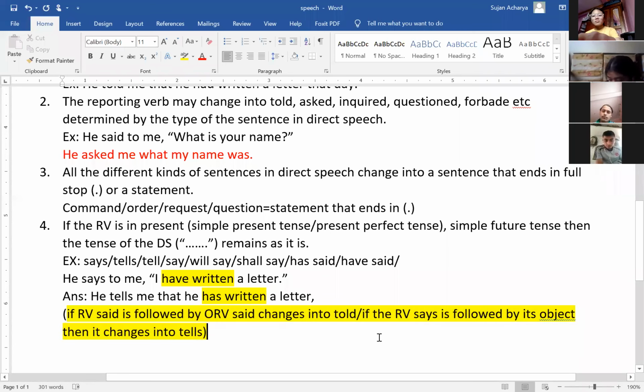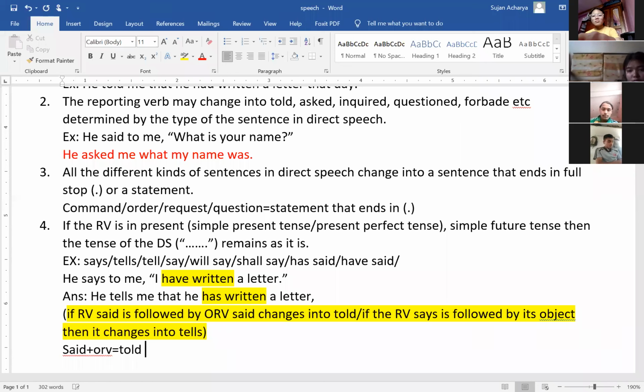बुझियो यो भनेको? If reporting verb said is followed by object, said changes into told. If the reporting verb appears in present tense, says, and is followed by an object, then it changes into tells. Said, told, says, tells. Said plus ORV, object of reporting verb, told.